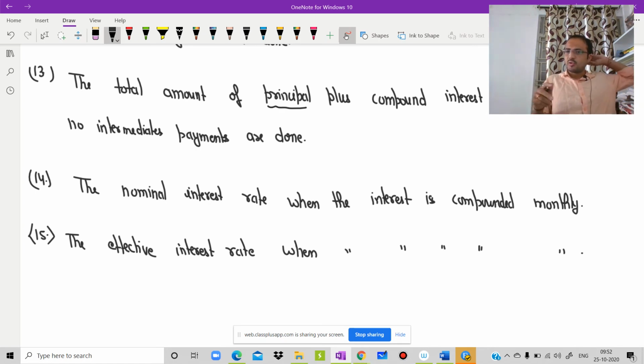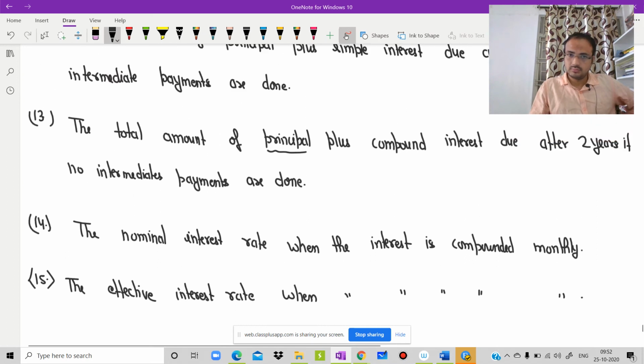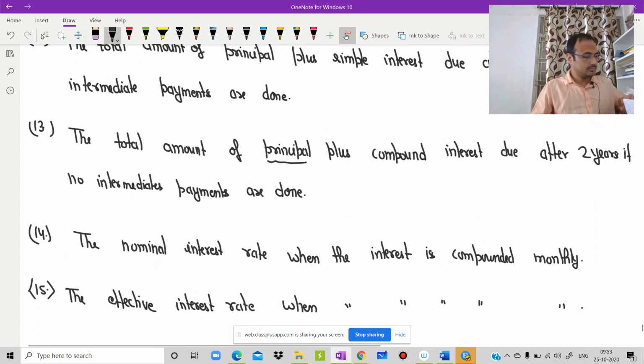I hope by mistake at one or two places I used the wrong word; it is principal. Please solve it. Go through your fundamentals and you will get the correct answer.